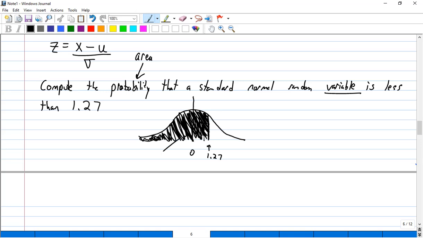So all of this area right here is 0.8980. So the probability that the x value is less than 1.27 is equal to 0.8980.